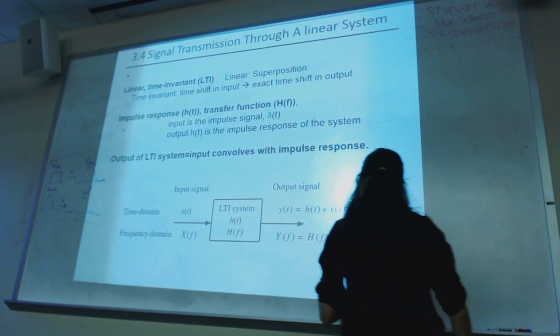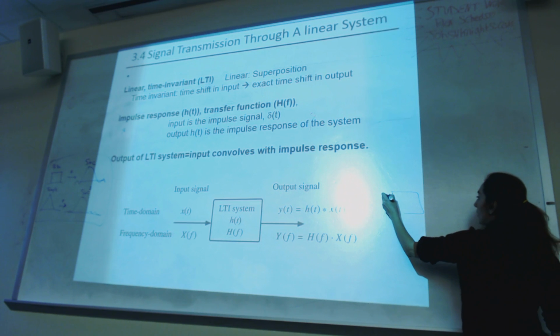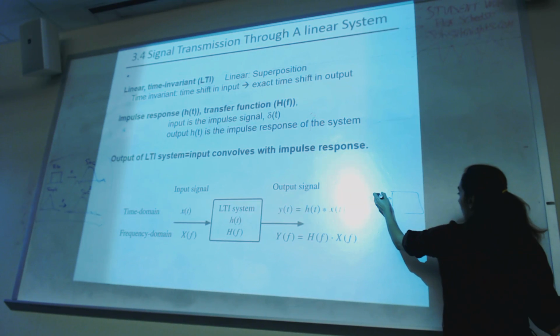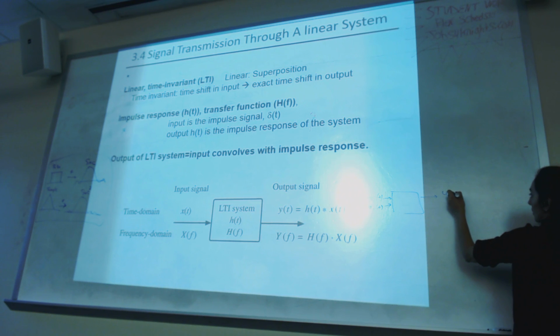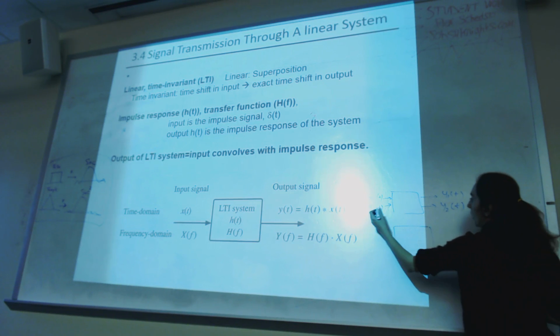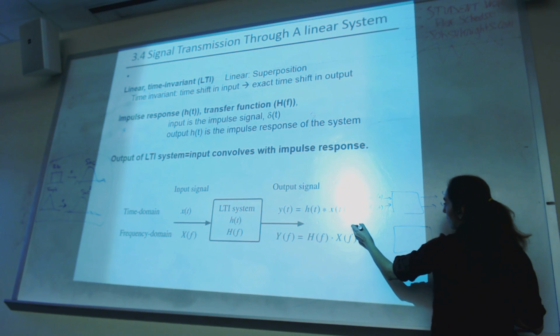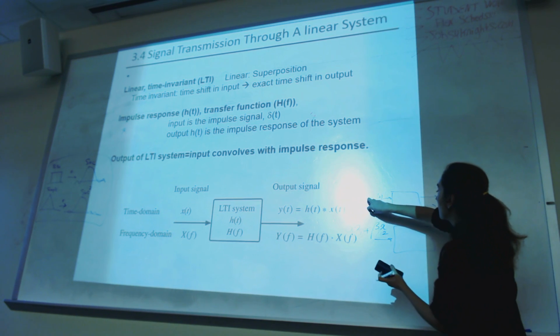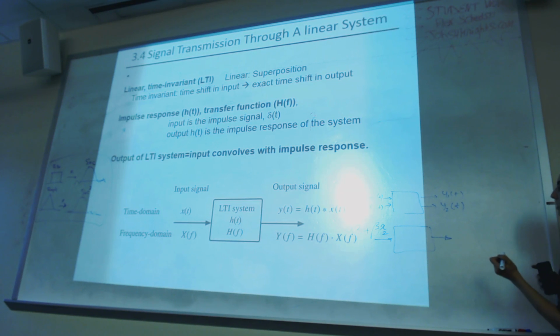Linearity means that if for x1 you get y1, and for x2 you get y2, then if you apply a superposition of the input, alpha x1 plus beta x2, you get exactly the same superposition of the output: alpha y1 plus beta y2.